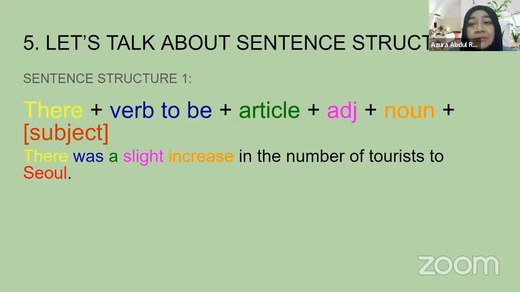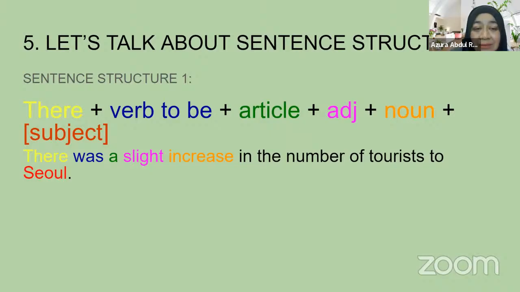Then there's an article, a, an, or zero, and then the adjective, then the noun plus the subject. So you start with there, the verb to be was: there was a slight increase in the number of tourists to Seoul.